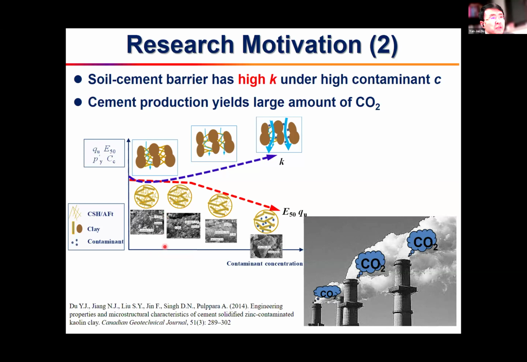As a result, the K will increase significantly, and the strength and the modulus will decrease as well.